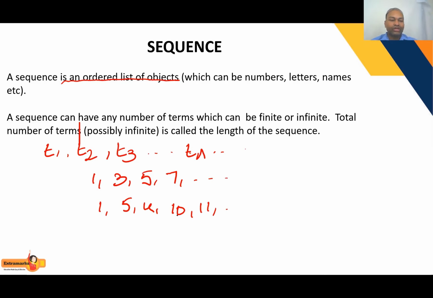So here, sequence means what? A succession of numbers T1, T2, T3, so on, formed according to some definite rule is nothing but a sequence. Or alternately we can say another way: a sequence is a function whose domain is the set of natural numbers and range is the set of real numbers.